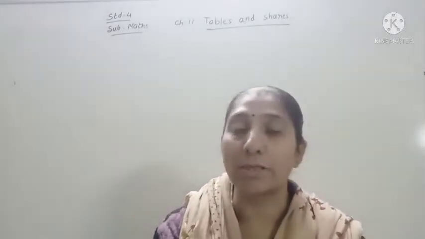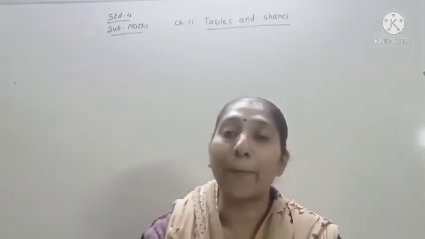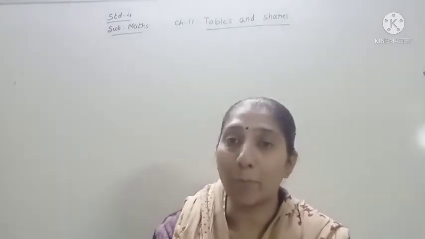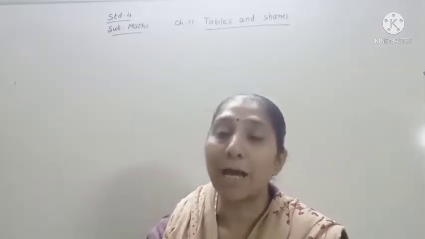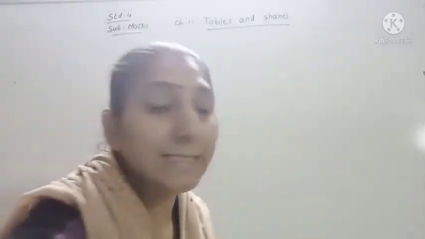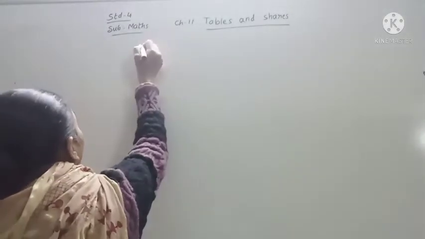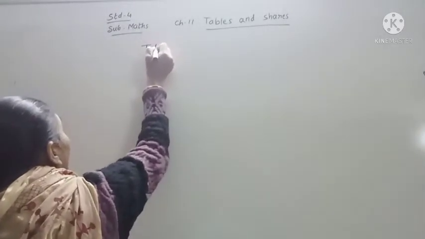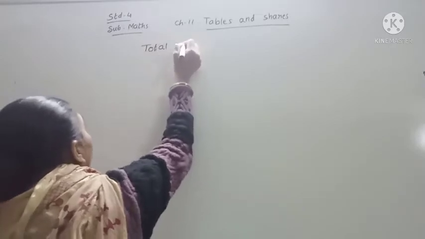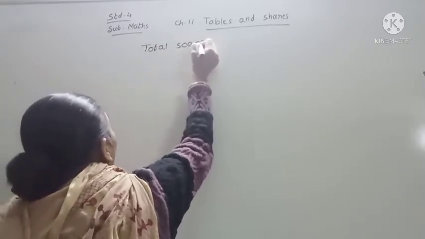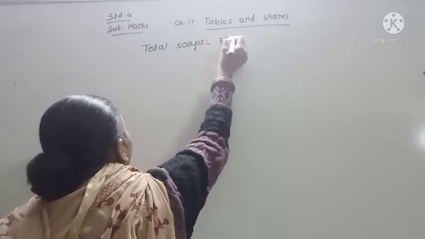Carton means a box. Shelly wants to pack some soaps in a box. Totally how many soaps are there with Shelly? She is having totally 338 soaps. Total soaps is equal to 338.